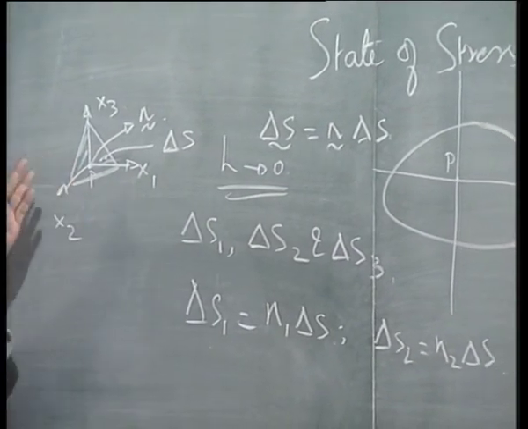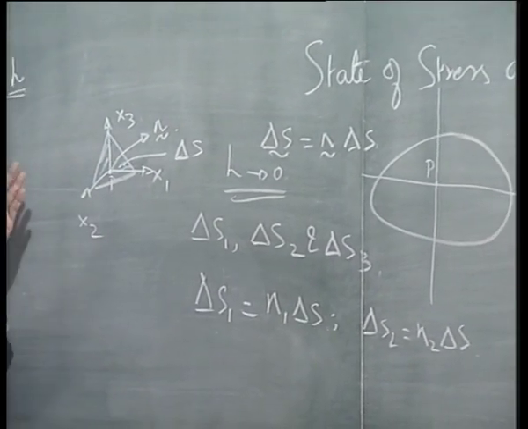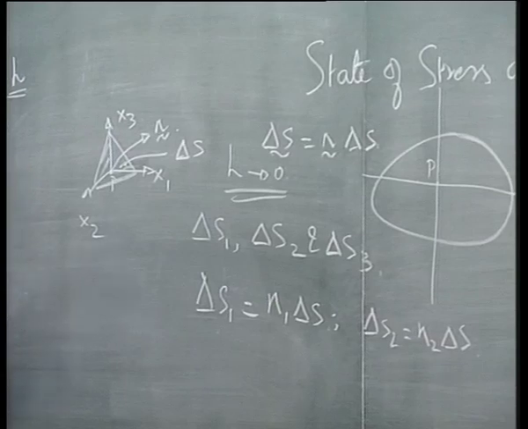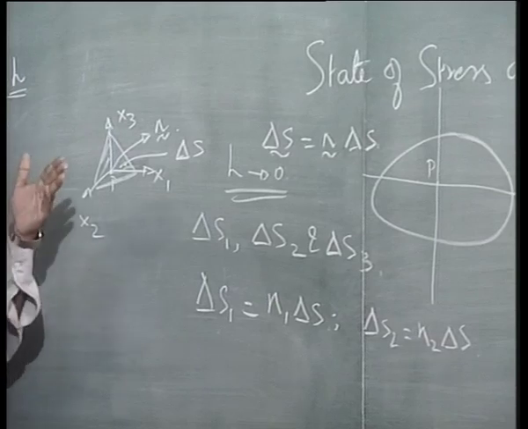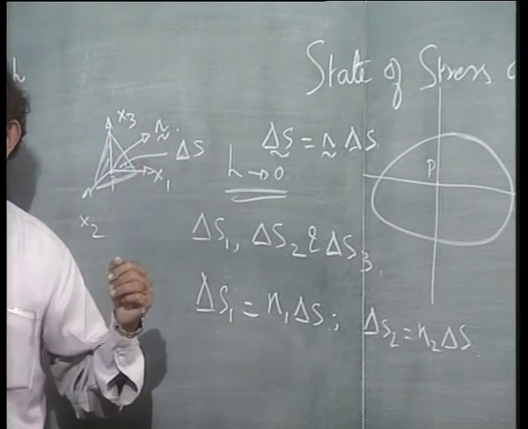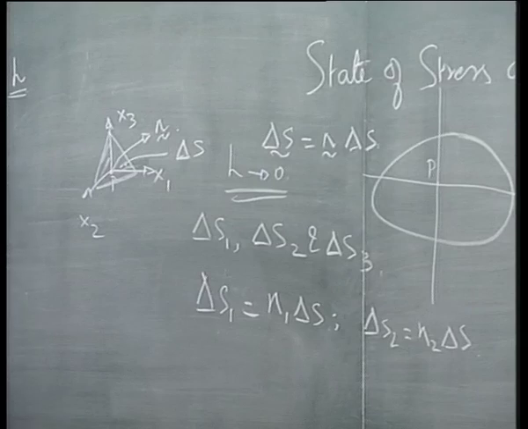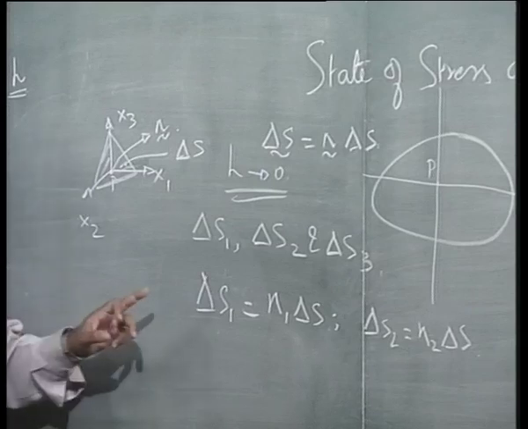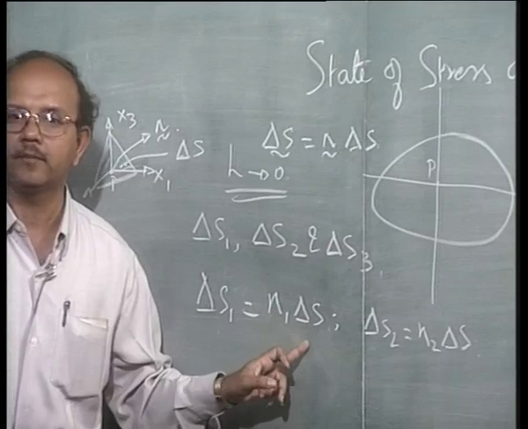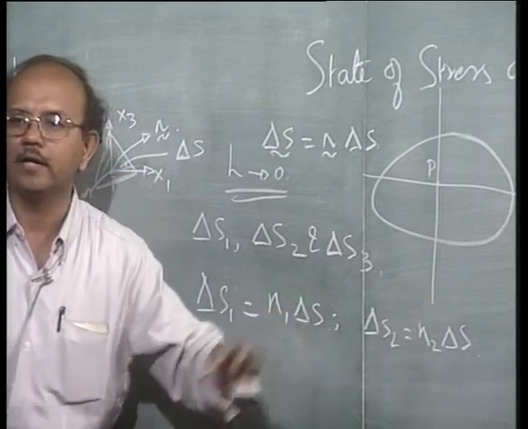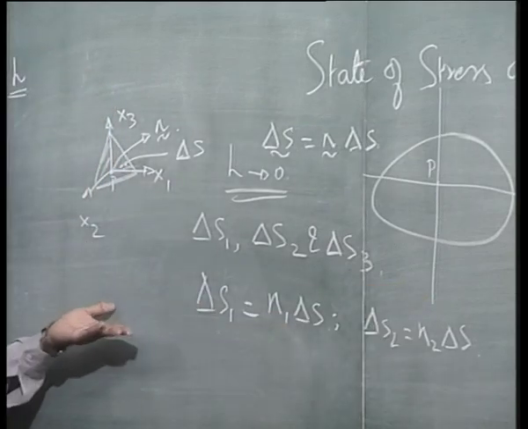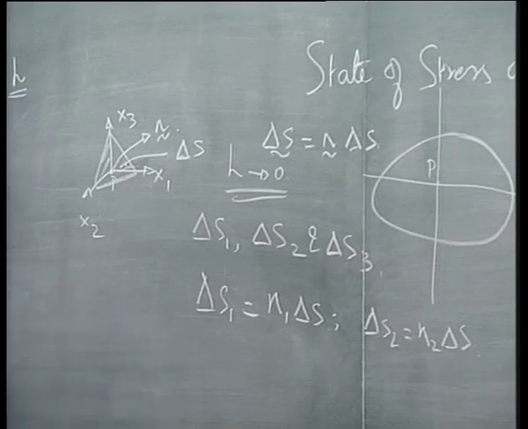Please note that it is the normal, which results in the direction cosines n1, n2 and n3, right? I am sure all of you are familiar with this, so I am not going to repeat it. So delta S1 is equal to n1 delta S, delta S2 is equal to n2 delta S, and delta S3 obviously equal to n3 delta S.